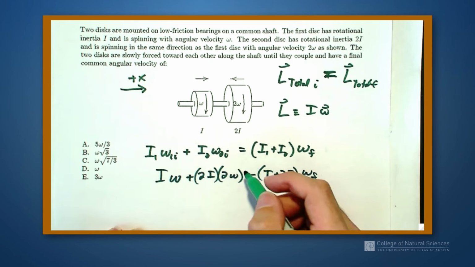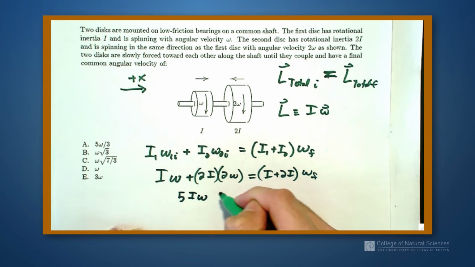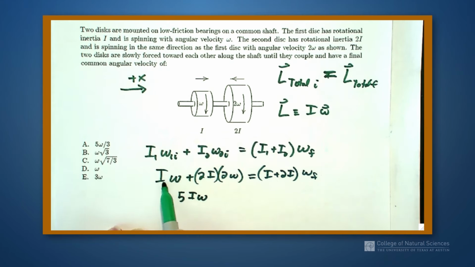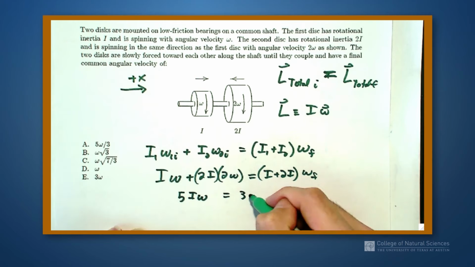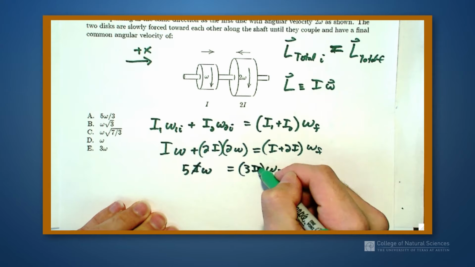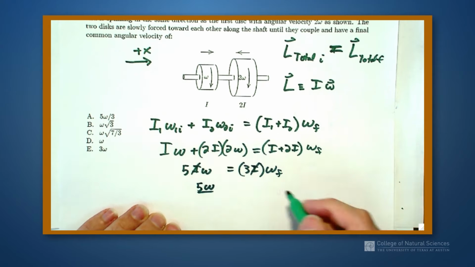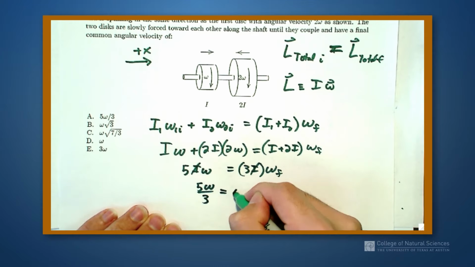And I will see that this gives me 5I omega, 1I omega from here and 4I omega from there, is going to equal 3 I's and an omega final. My I cancels with my I, and I get 5 omega over 3 is equal to omega final.